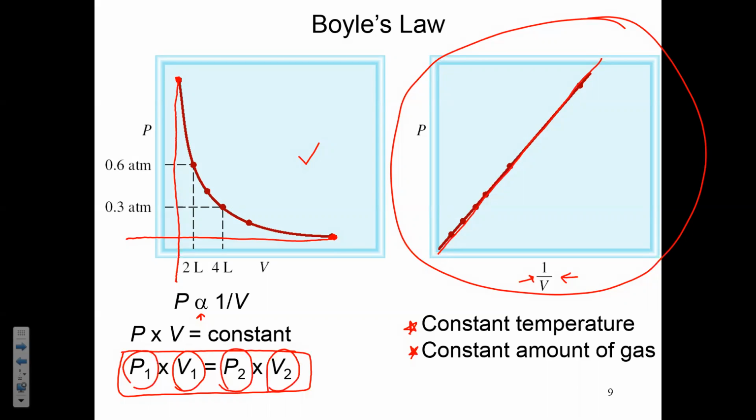Simple algebra. This means that if I know the pressure and volume of my initial gas, I can find one of these two variables if I know the other one of what my gas is going to look like at the end. So I can predict how my gas is going to react with this equation. Okay, let's practice.